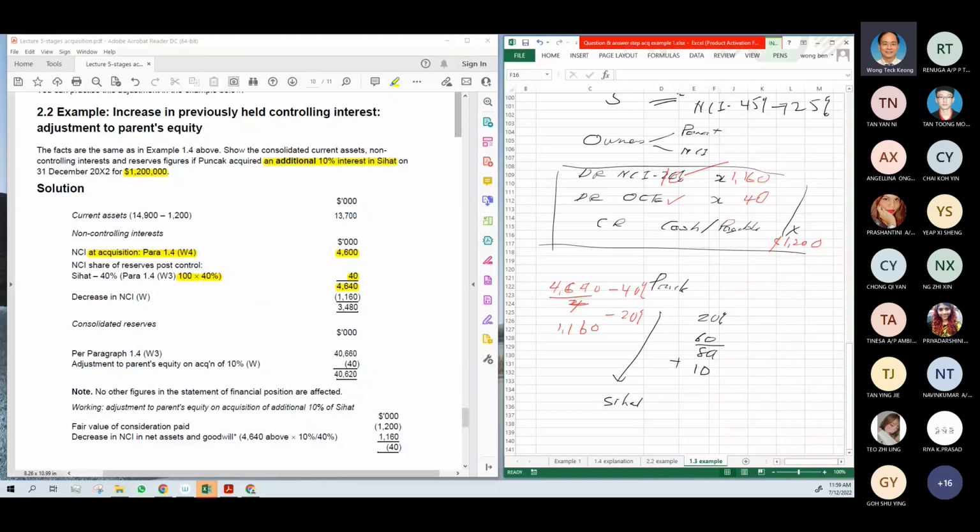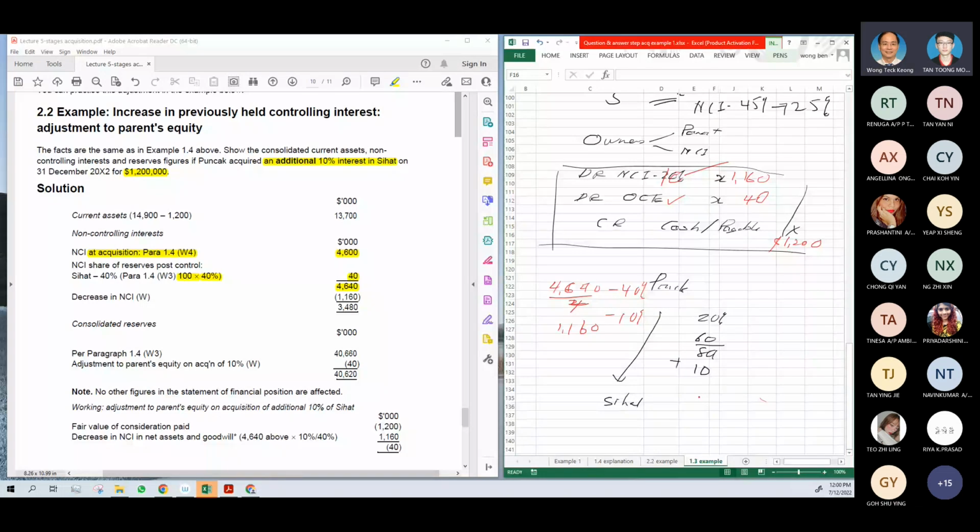Don't worry, we will give you more examples of type 3. May I ask why divide by 4? The 40% of NCI is 4640, correct? So with 10%, how much? So divide by 4. Agree? So you divide for another 10%. Understand? Okay, I'll make it simple.